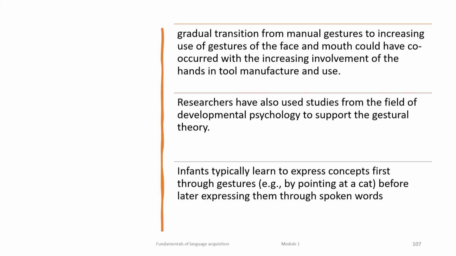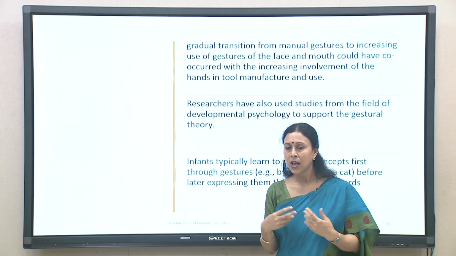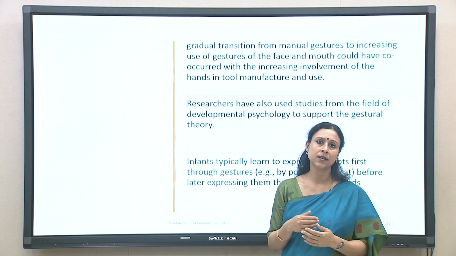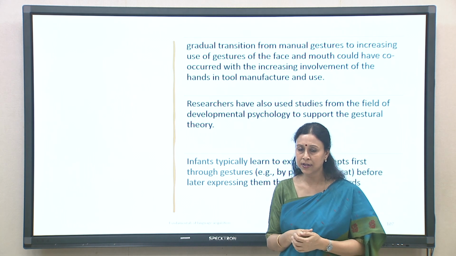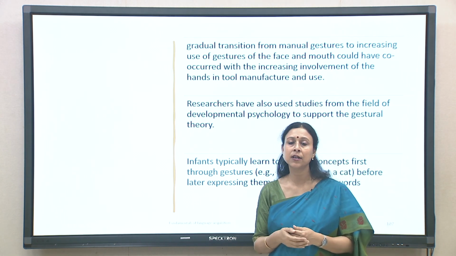So, the gradual transition from manual gestures to increasing use of gestures of the face and mouth could also have co-occurred with the increasing involvement of the hands in tool making. He brings in a large number of different kinds of probable inputs into the evolution of language. Around the same time, according to him, humans started making tools.